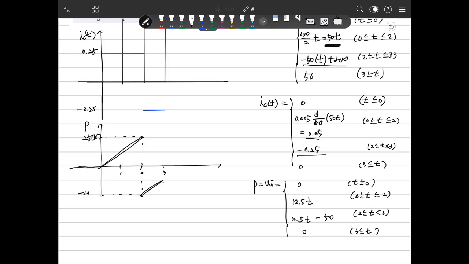So the power looks like that. It's 0 and goes up and here. This area means the current is positive, the charging area. And in this area the power is negative, that means discharge.